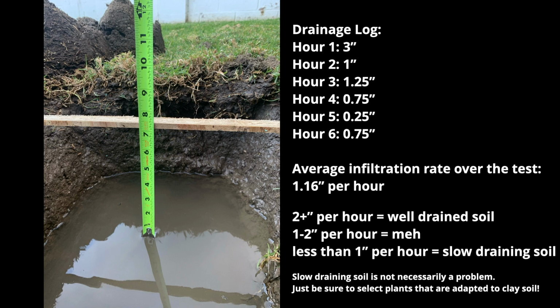However, in other projects, throughout a lot of the year, they'll do just fine. But then I've had situations where there's a year with a lot of water in the winter, and if there's a series of back-to-back storms, some of the plants could suffer and I could lose some. So if you're in that 1 to 2 inches per hour area, if you want to be safe, you can default to mostly selecting plants that are okay with slowly draining soil.